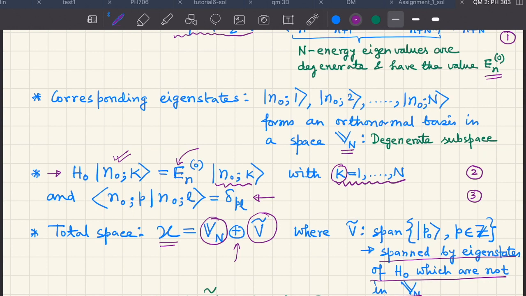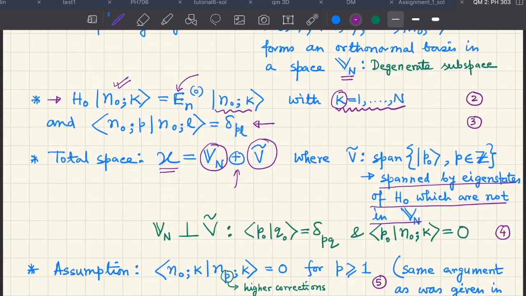But one of the criteria that you should always remember that holds between this Vn and V tilde is that Vn is always perpendicular or orthogonal to V tilde. This means that the inner product of any state outside the degenerate space with a state in the degenerate space is always 0, and that we have written here.